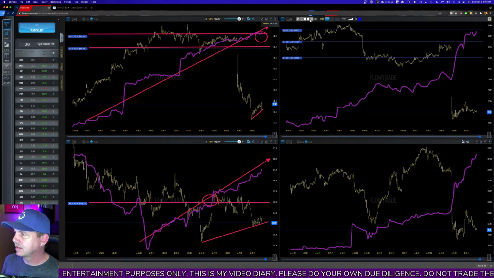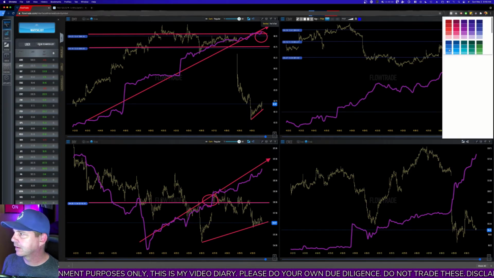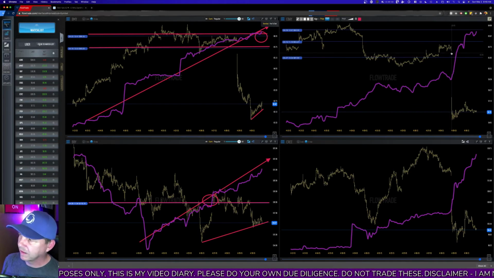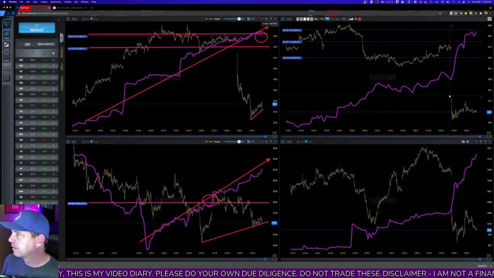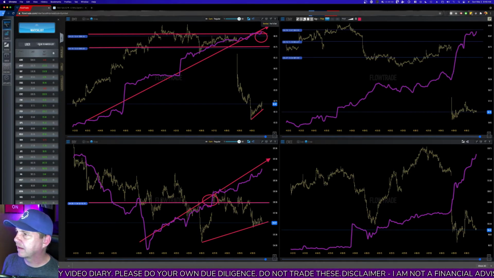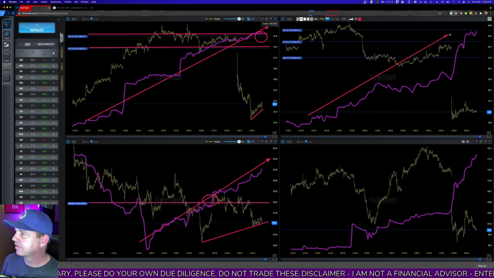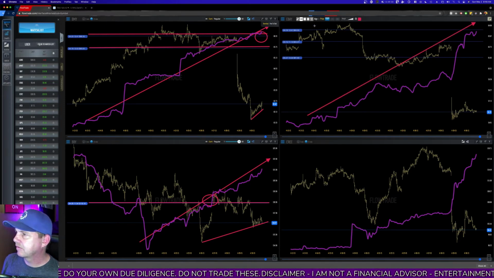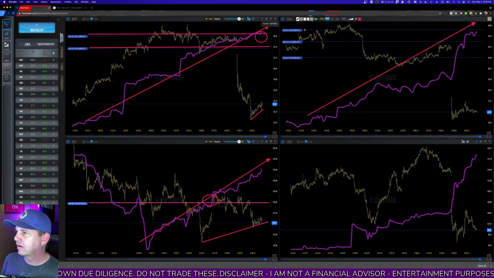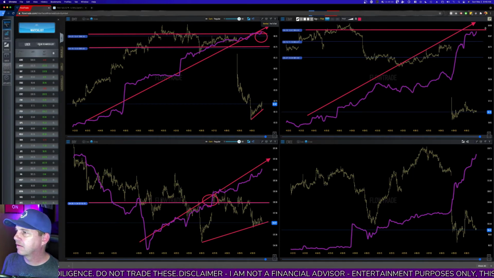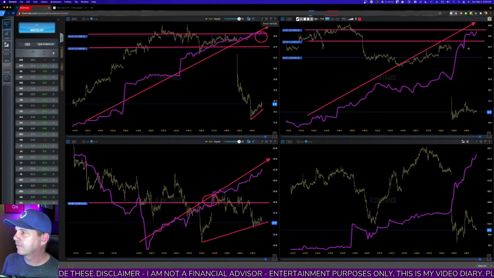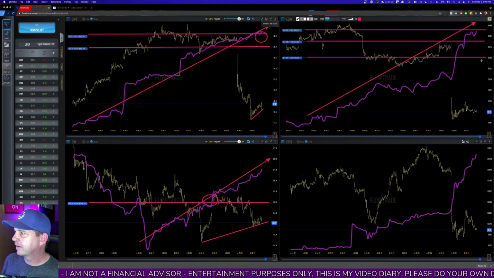All right, eBay. I'm not sure if they had earnings, but there's a $3 gap down. However, the algo is steady and increasing. We've got block trade levels right here at 64.50, 63, 61. Those are going to act as resistance until they become support.